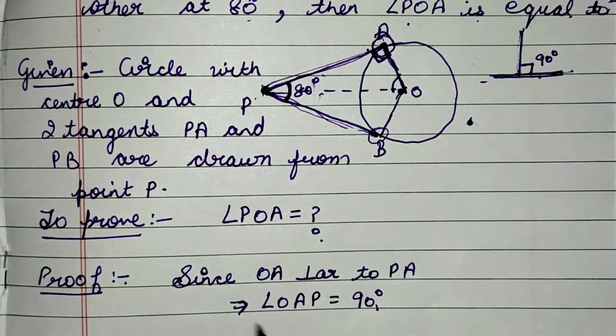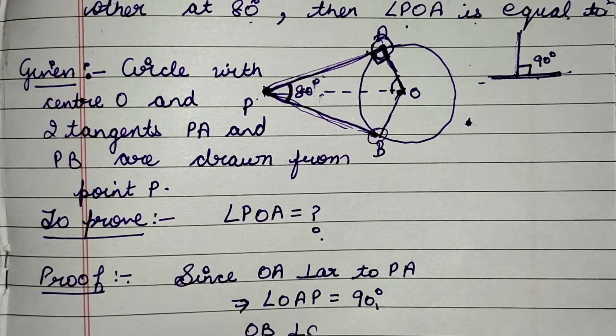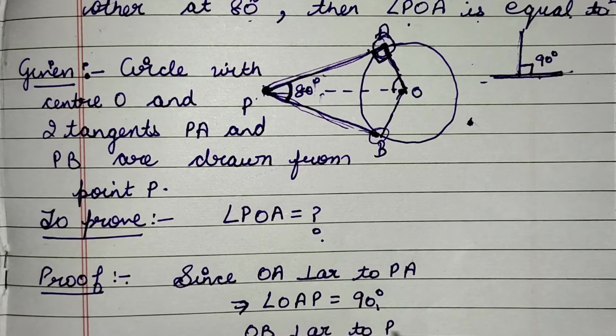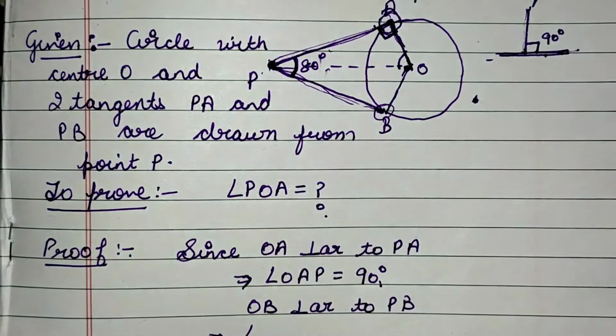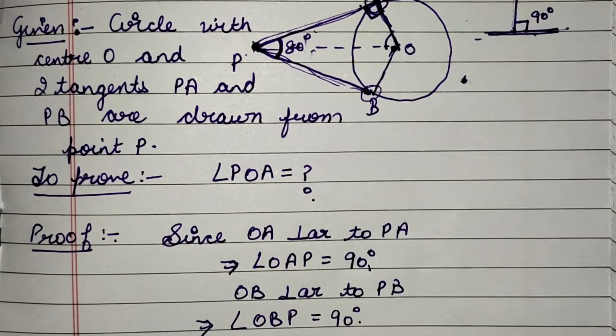Similarly, OB is perpendicular to PB, so angle OBP is equal to 90 degrees, right?